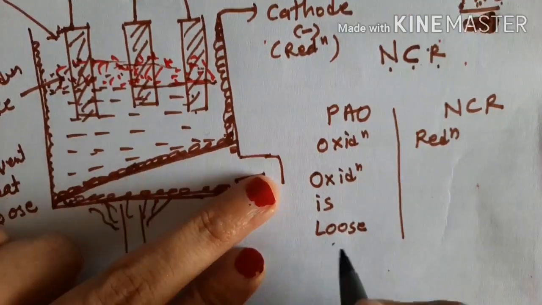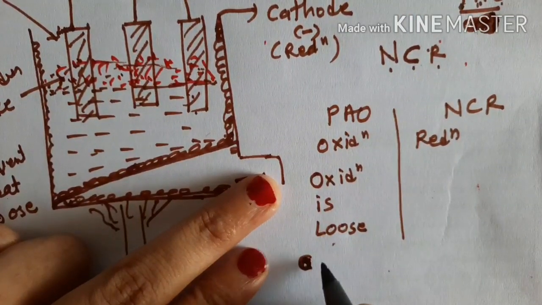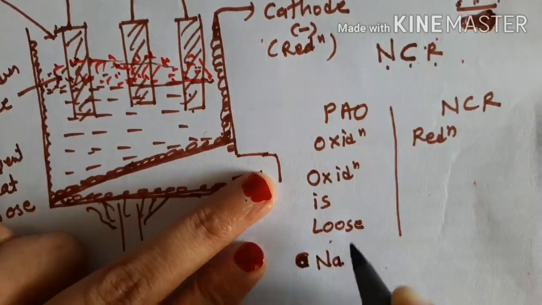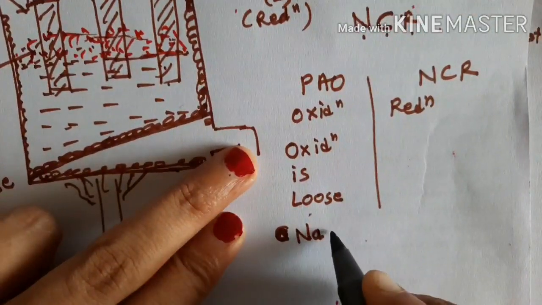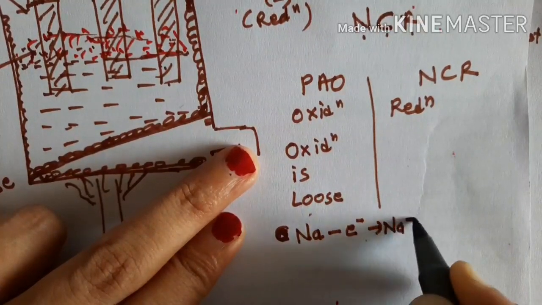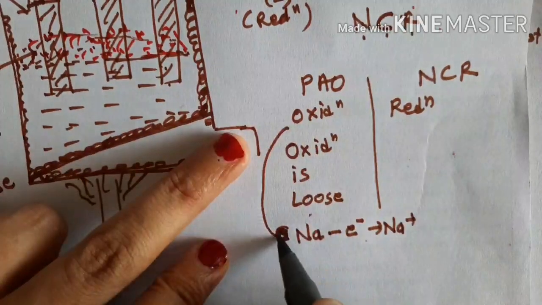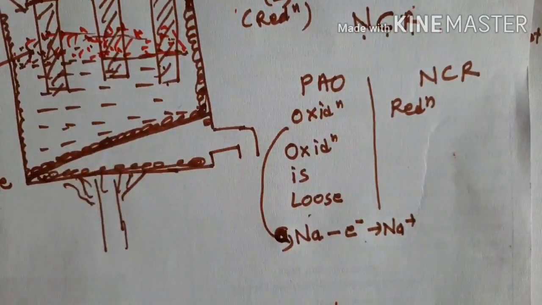So suppose I write Na. If Na is there, Na loses an electron and converts into Na plus. This reaction is an oxidation reaction.